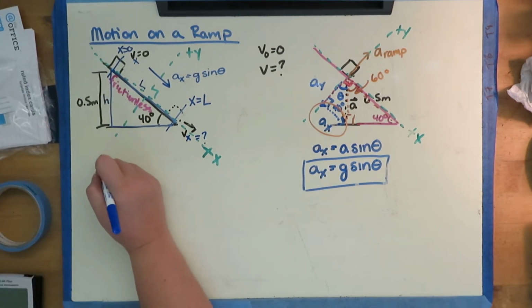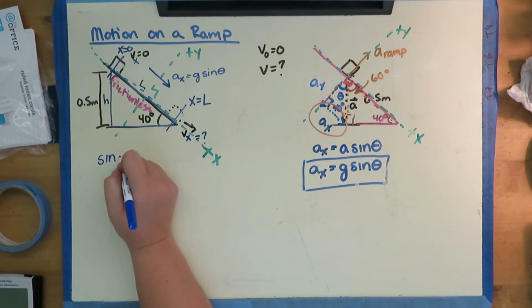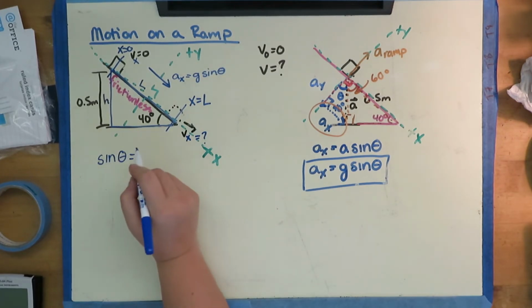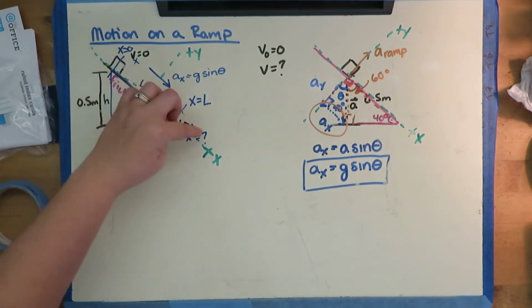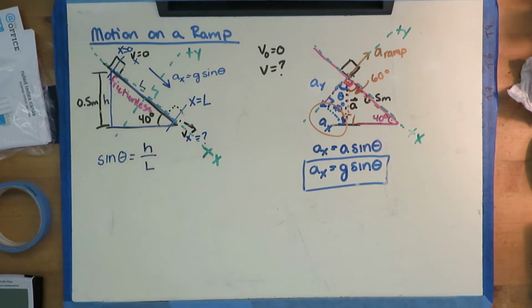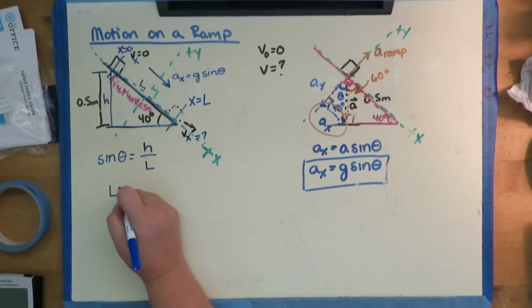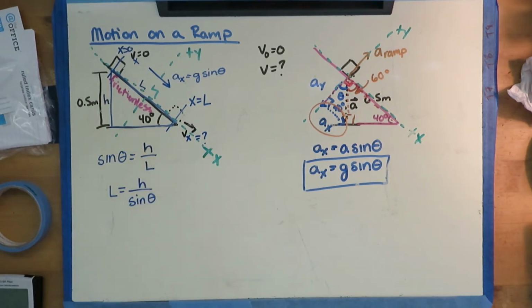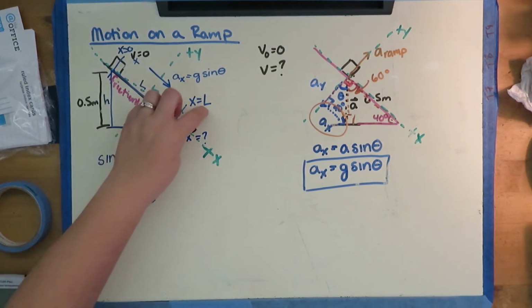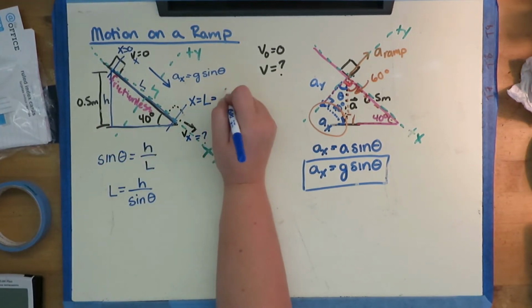So the sine of my angle theta is going to be my opposite over hypotenuse, so my height over the length of that ramp. That means the length of that ramp is going to be h over sine theta. So I do actually know that ending x value because it is h over sine theta.